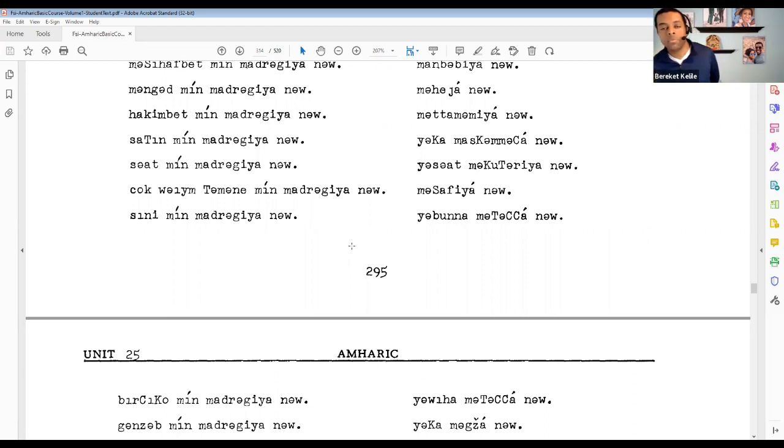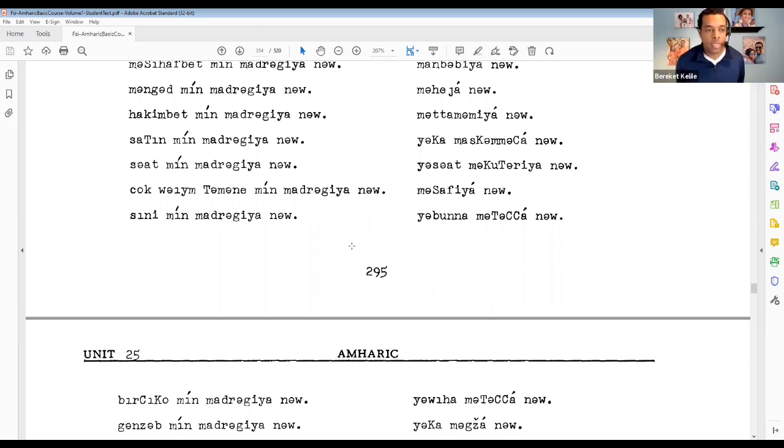Metamamiano, which metamam is for pain, but obviously not to cause it, to solve it or to treat it. Satin min madrigano, I believe that was a box. And yaka maskamachano, that's yaka, which is things, objects. Maskamachano, which is to place things into.